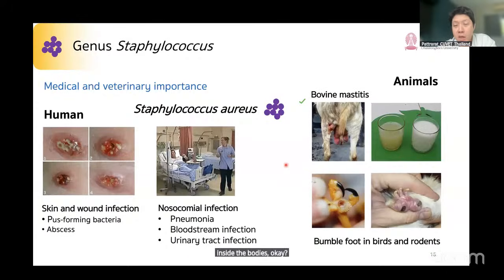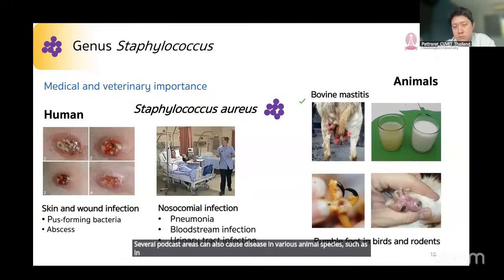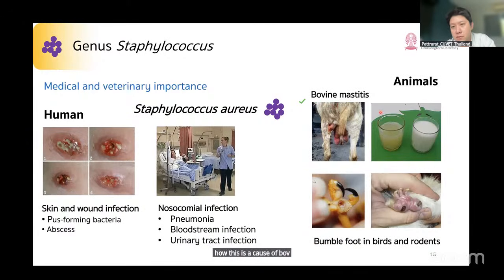And for animals, Staphylococcus aureus can also cause disease in various animal species, such as in dairy cows. This is a cause of bovine mastitis.